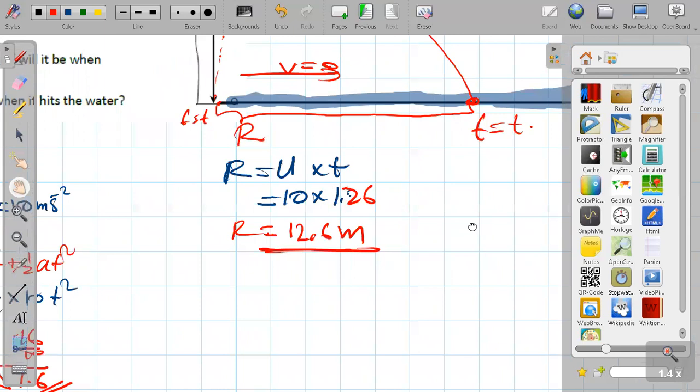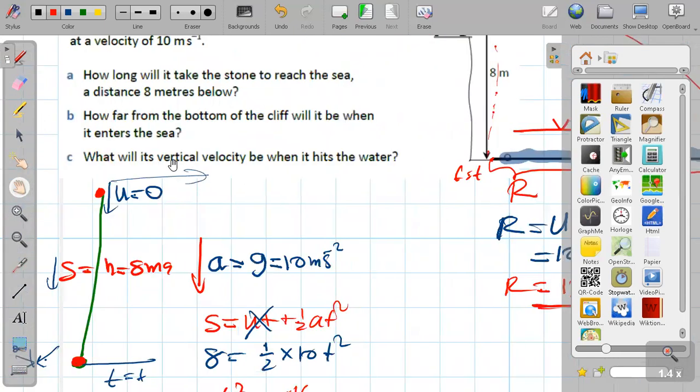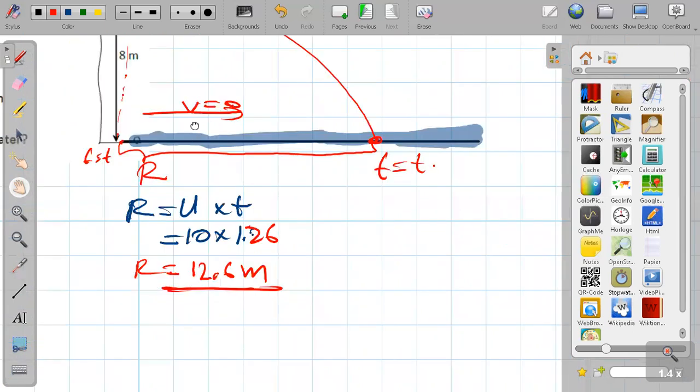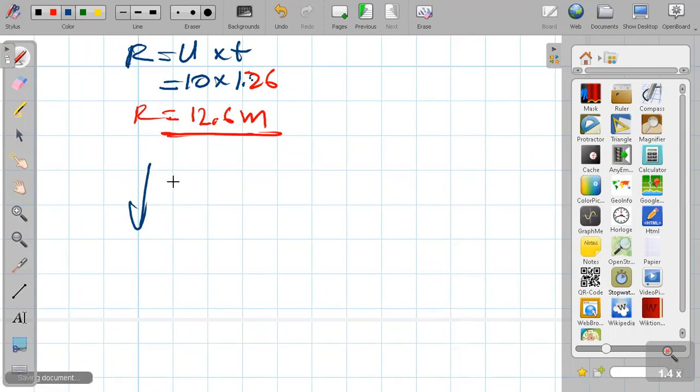Okay. Now the next part. What will be the vertical velocity when it hits the water? The vertical factor only, right? They ask the vertical factor only, so you can easily find it out. At the beginning, the vertical velocity was 0.